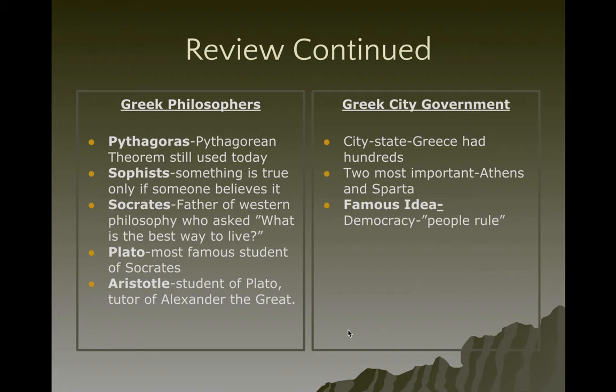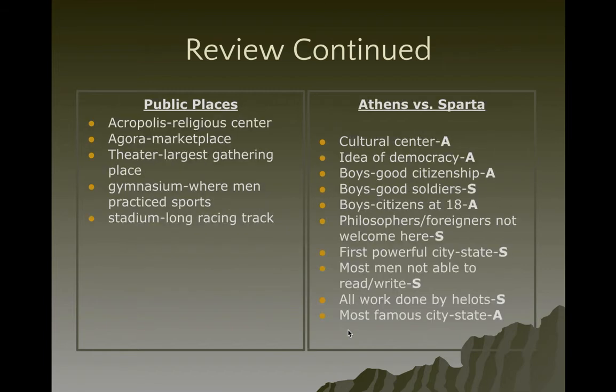It had lots of city states, and of course we remember that the two most famous city states were Athens and Sparta. But the big idea that came out of ancient Greece governmentally was this idea of people rule, also known as democracy. All right.